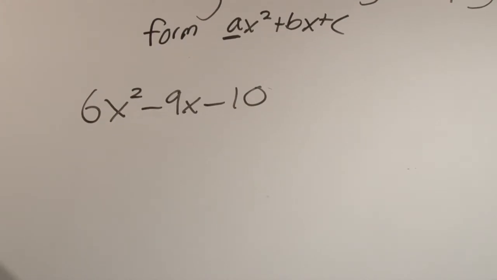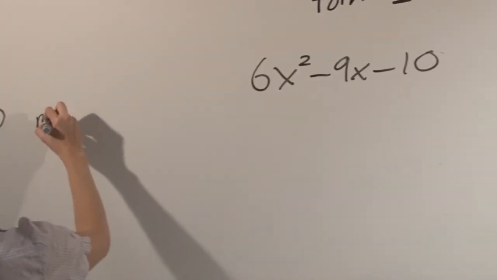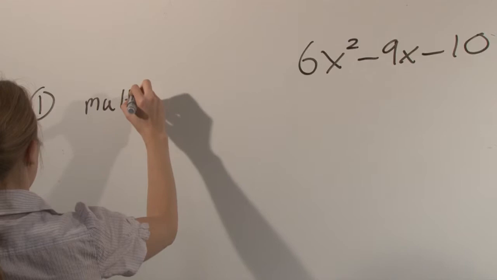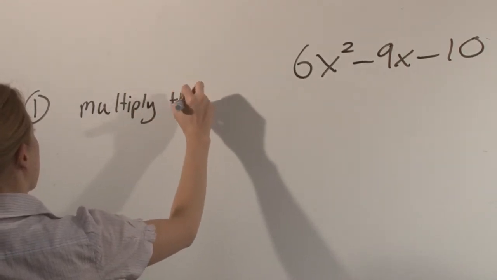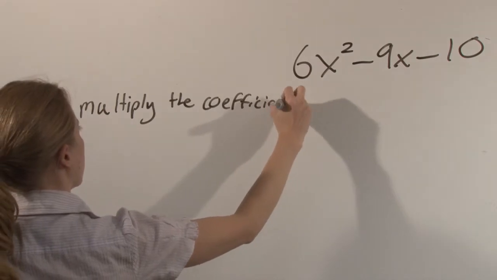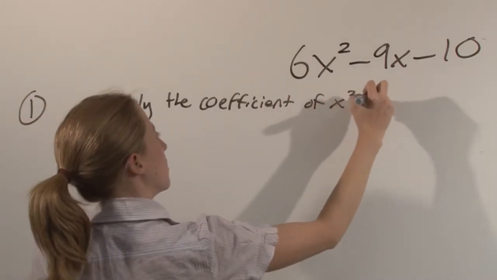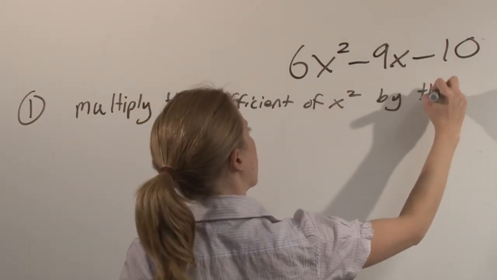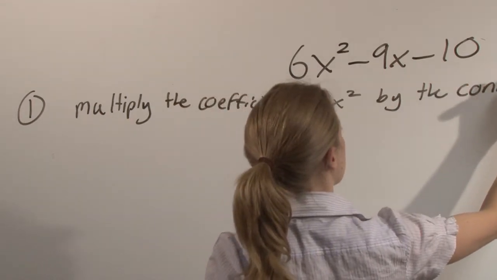So first off, I'm going to multiply by the constant.